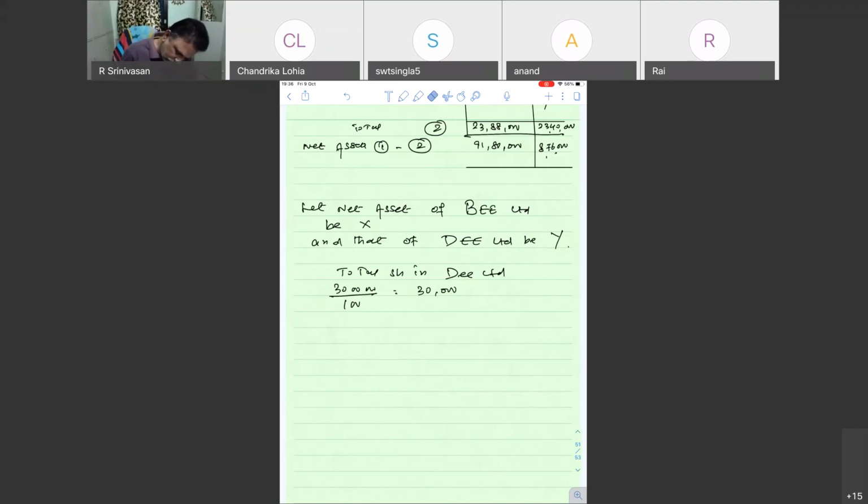Similarly, total shares in B limited: 90 lakhs divided by 100, 90,000 shares.